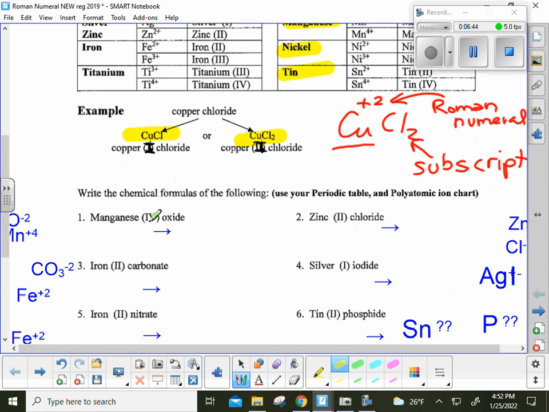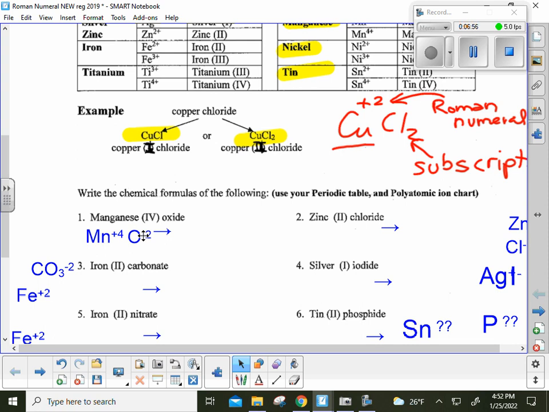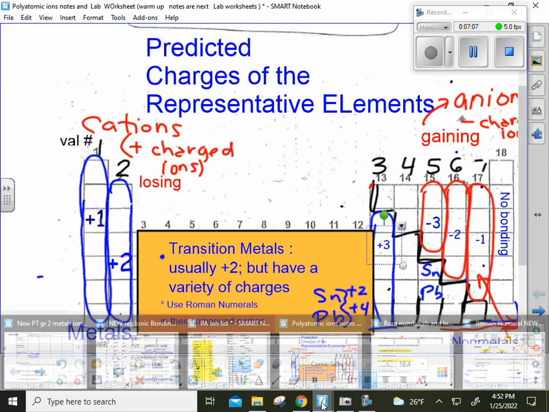So when you see that 4, this means that you have manganese 4 as a charge, and then it's with oxygen, oxide, so you're going to have O2 minus. You should know the charges based on where oxygen is, being -2, but manganese is in the middle, and it can be various charges, okay?